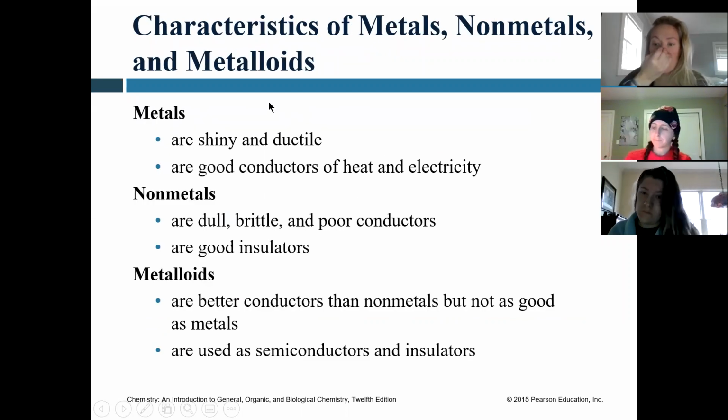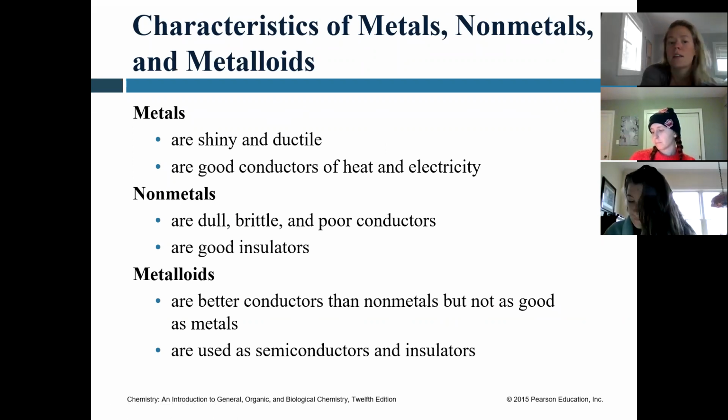Some properties of metals. Metals are shiny and ductile. They're good conductors of electricity and heat. Most of the time, they're solid at room temperature. One exception where that doesn't happen is mercury, okay?